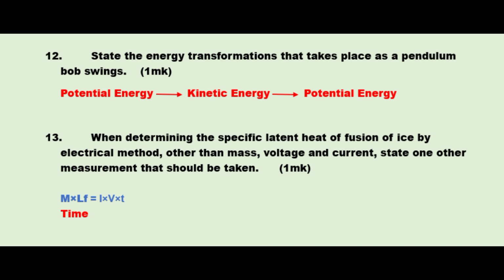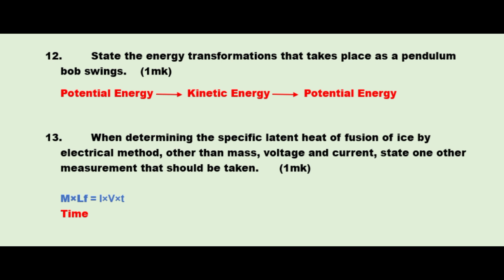That means the heat gained by ice is MLF, mass times latent heat of fusion, heat to melt the ice. But we also know heat supplied by the heater, because heat gained is equal to heat supplied, is given by current times voltage times time, which is power times time.